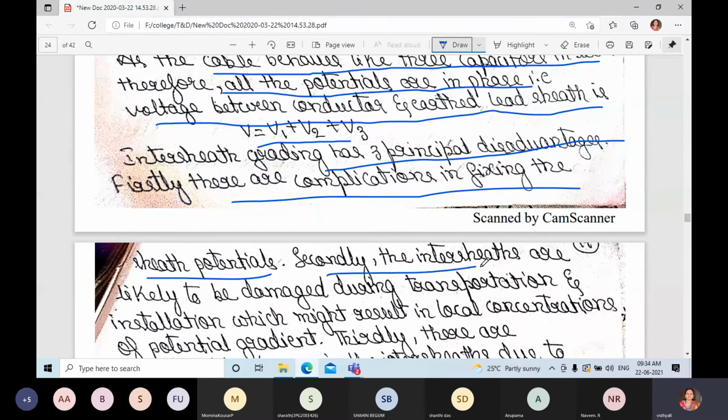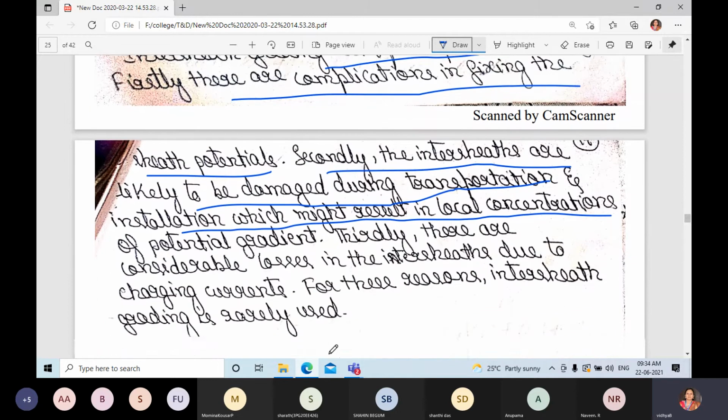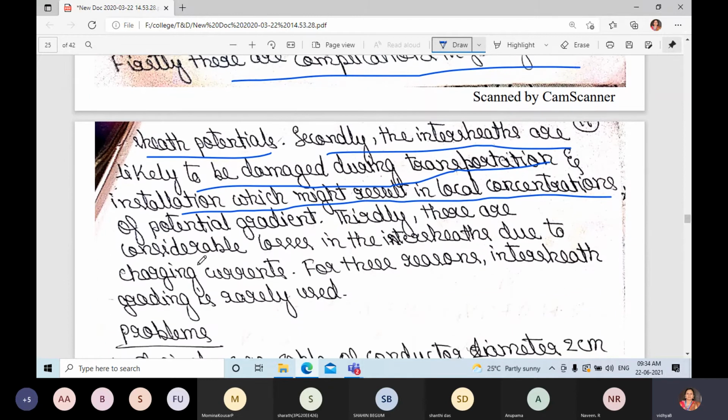And the second one is, the intersheaths are likely to be damaged during transportation and installation, which might result in a local concentration of potential gradient. And the third is, there are considerable losses in the intersheath due to charging currents. These are the three disadvantages. For these reasons only, intersheath grading is rarely used.